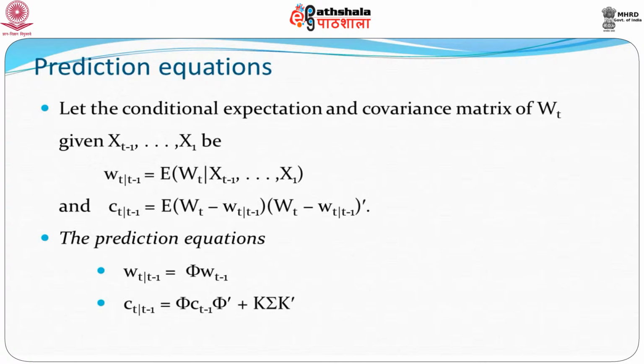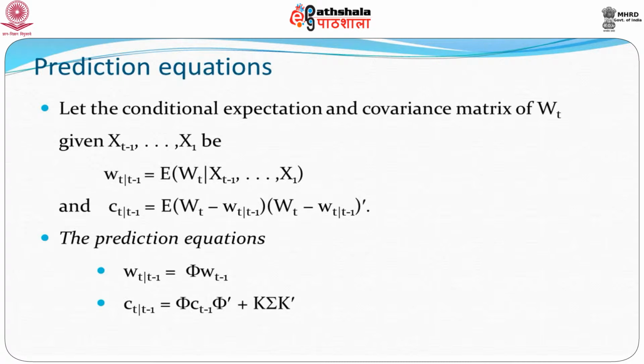So, in this case, unlike the previous one, this is the expectation of W t given the past, and similarly you can define the covariances in this case as C t given t minus 1. This is again based on W t, and in that case it is easy to see that we can write W t given t minus 1 as phi of W t minus 1.